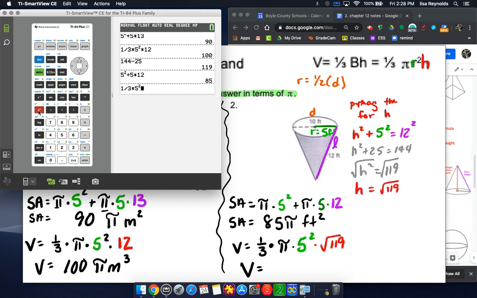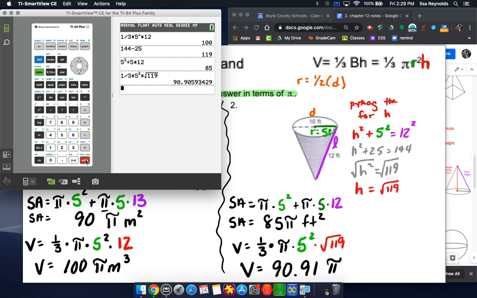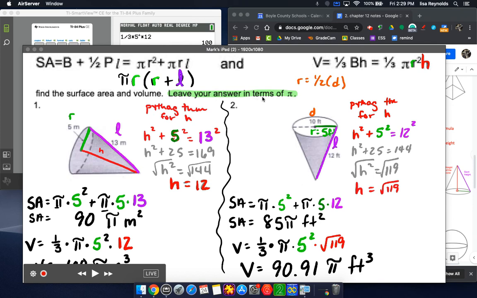Remember, we're not putting anything in terms of pi, we're leaving that. And then times our square root of 119. This answer we're going to round to 2 decimal places, so this is going to be 90.91 pi. We have our feet, and volume is in cubic units. When you're leaving it in terms of pi, you don't put anything in your calculator for the pi value. You do all of the other number calculations and keep pi as part of your answer.